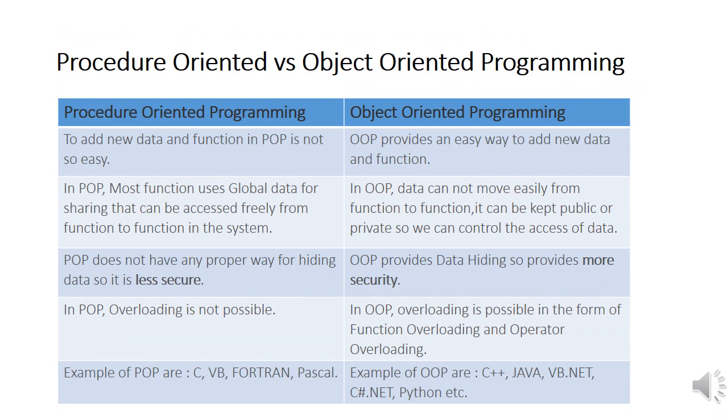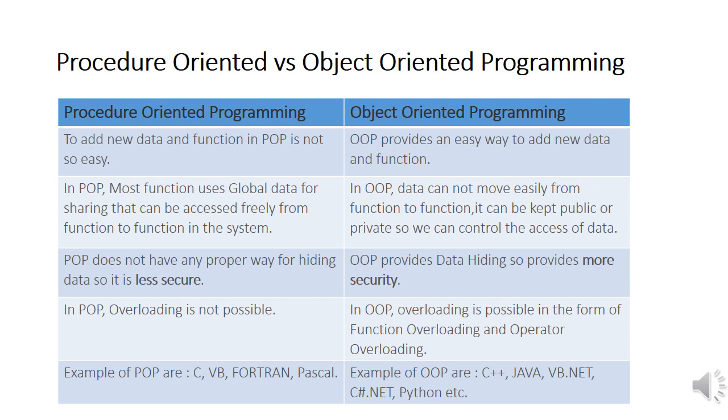The next difference is, in procedure-oriented programming, adding new data and functions is not so easy. But in the case of object-oriented programming, we can add data and functions easily. In procedure-oriented programming, most functions use global data for sharing that can be accessed freely from function to function in the system.